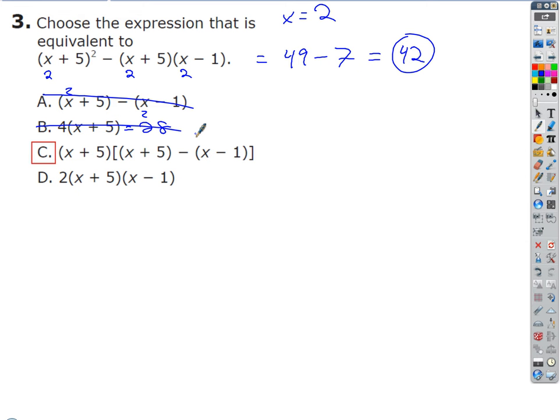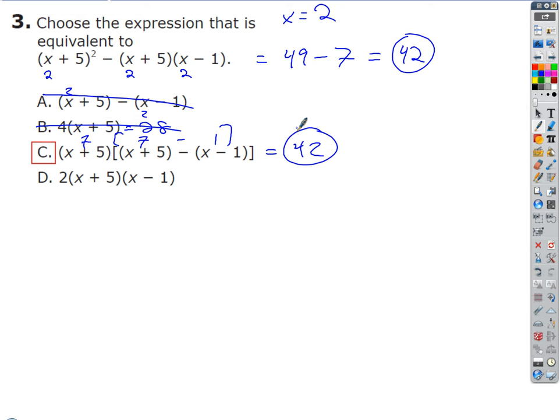That's not 42. 2 plus 5 is 7 times, what do we get here? 7 minus 1. So what is that? 7 times 7 minus 1. What's 7 minus 1? 6. 7 times 6 is 42. What do you know? Wow.